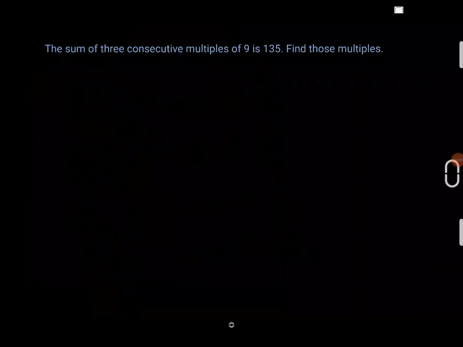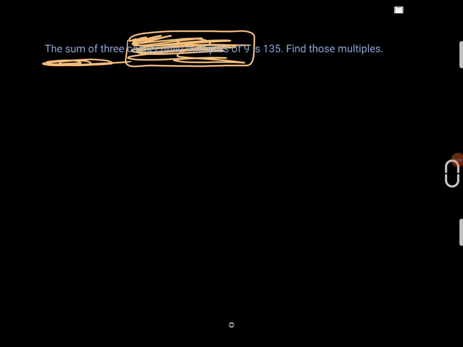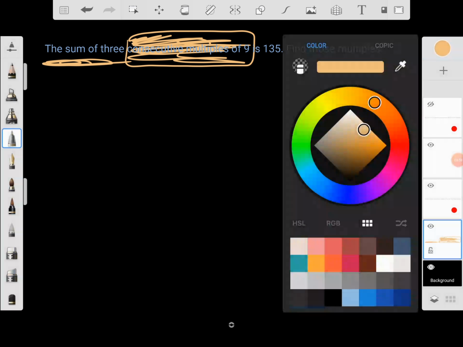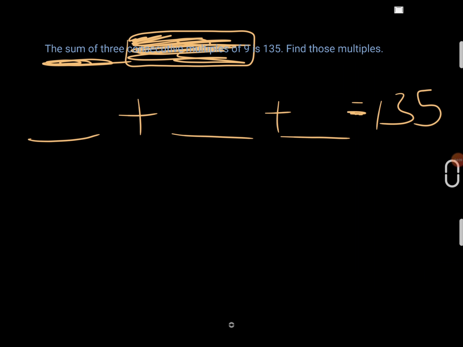What all do we see? We see the sum of 3 things. For now, let us consider this to be something; we don't know what it is. The sum of 3 things is 135. So let us write that: the sum of 3 things, whatever this thing is, equals 135.